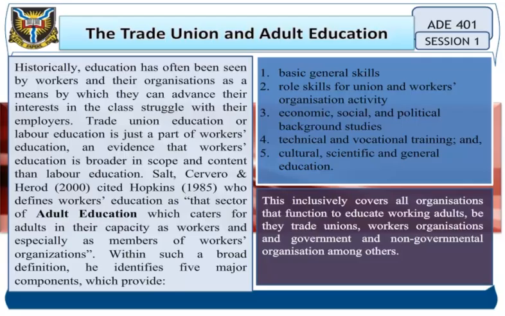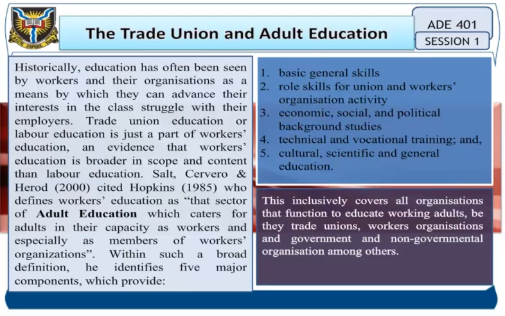Within such a broad definition, he identifies five major components which provide: 1. Basic general skills; 2. Role skills for union and workers' organization activity; 3. Economic, social, and political background studies; 4. Technical and vocational training; and 5. Cultural, scientific, and general education.